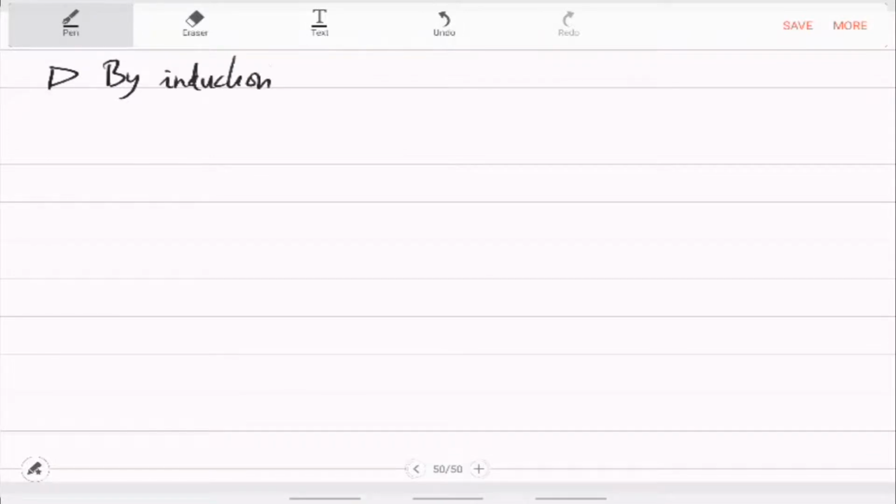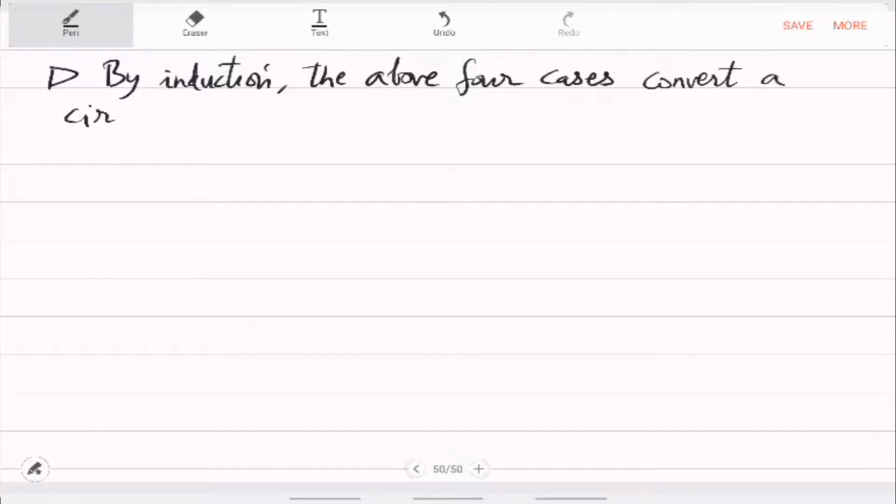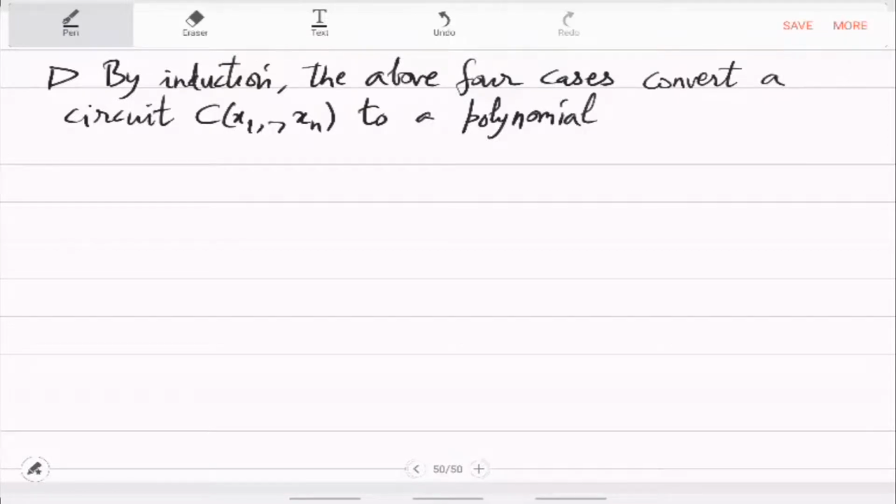By induction, the above 4 cases convert a circuit C to a polynomial of degree 2L to the d, because the root has depth or height d, right?